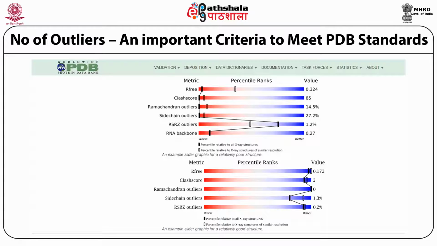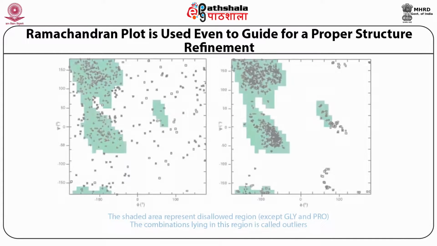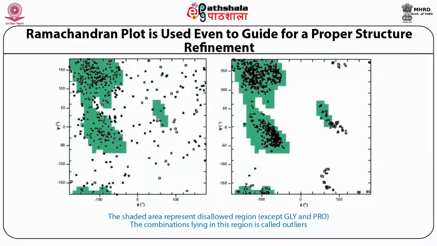When the number of outliers in the disallowed regions is minimum, that tells the structure is more valid and more accurate. We already said outliers are not good, so the number of outliers should be very minimum for a good structure.